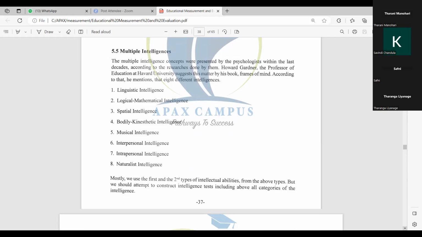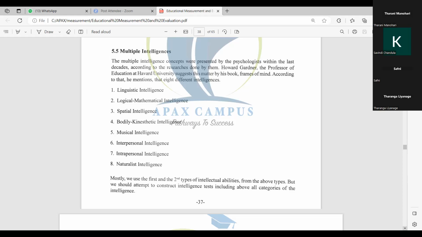It's not one whole thing. It's not a complete entity. Intelligence has multiple entities. You can divide intelligence into several parts. Right? So here you can see that he divided it into 8. Then later we added some others also.